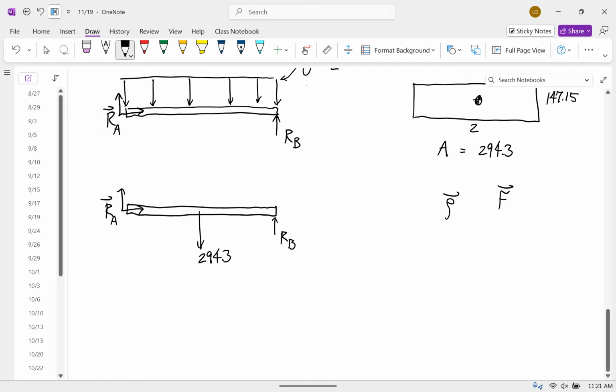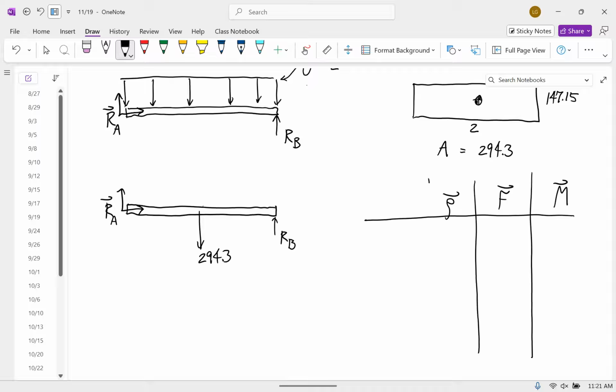So rho, force, moment. I'll use this as my about point. So for the force RA, rho vector is 0. Force is RAX, RAY. Cross product is 0.